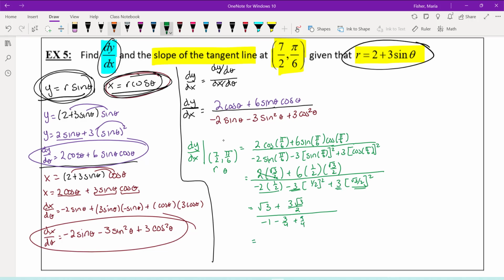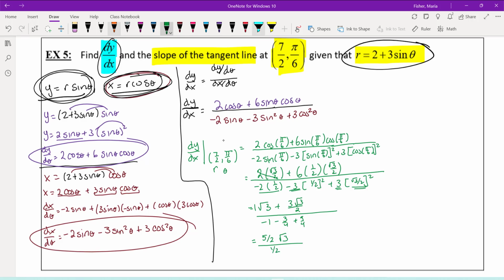Cleaning up the numerator, we notice that we have like radicals. The number in front of the first radical is a 1. So we have 1 square root of 3 plus 3 over 2 square roots of 3. That makes that 5 over 2 square roots of 3. And in the denominator, it's negative 1 minus 3 over 4, which is negative 7 over 4, plus 9 over 4, which ends up being 2 over 4, and that's going to reduce to a half.